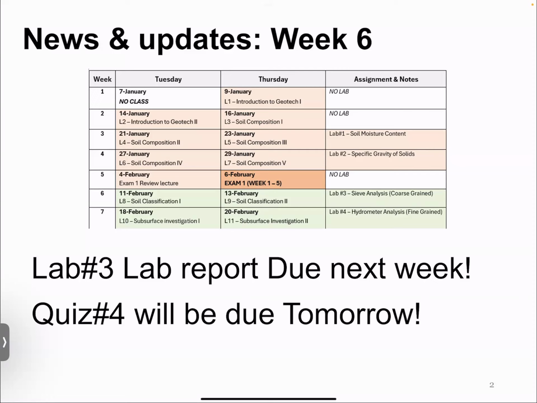Quiz number 4 will be posted shortly after class, on soil classification, just on these lectures. Lab number 3, which everyone should have completed, the sieve analysis, is due next week. For this next chunk, we will have labs due 1 week following after. I'll provide comments and start grading your lab 2 as quickly as possible so you can make adjustments for lab 3. Any questions on schedule, where we're at so far?